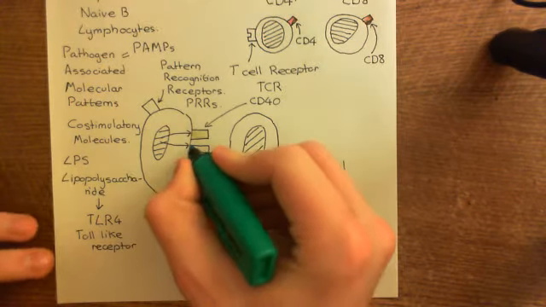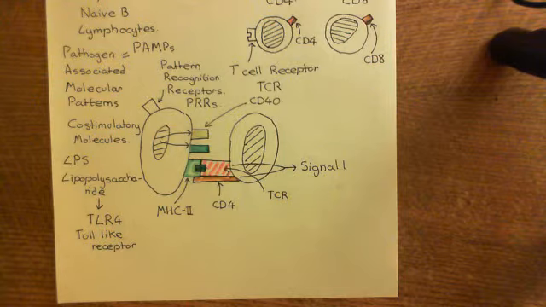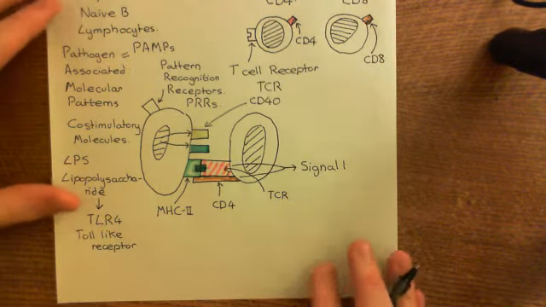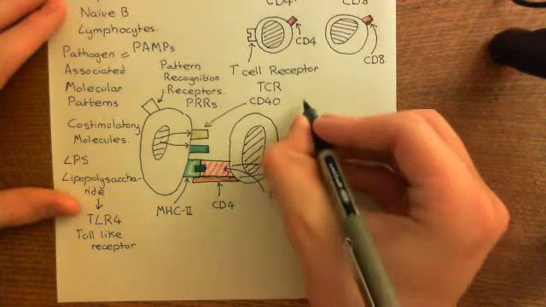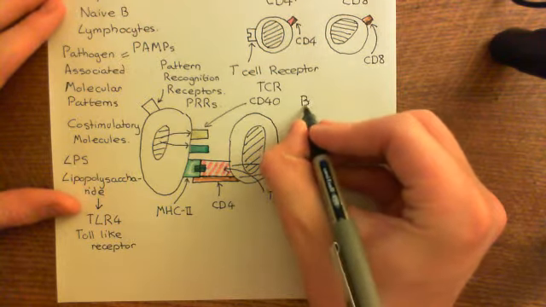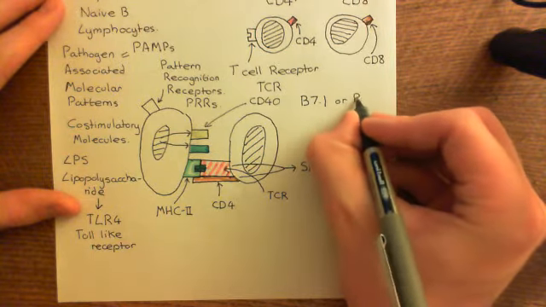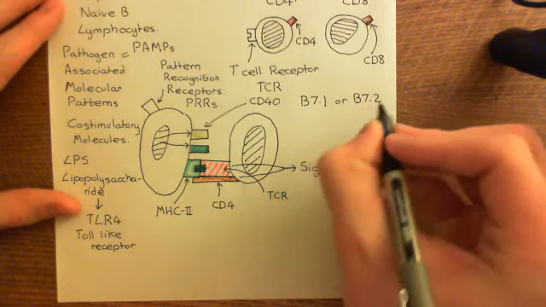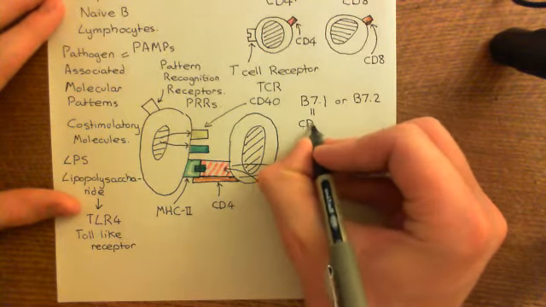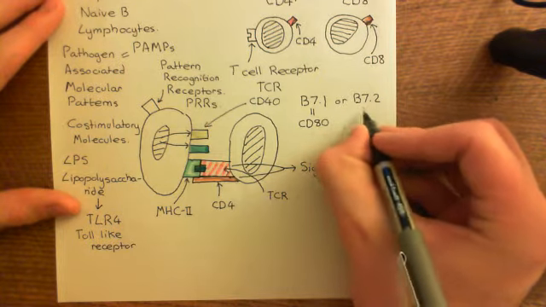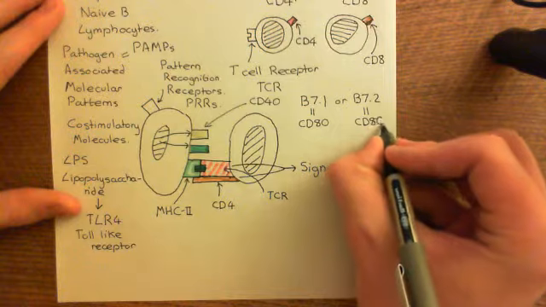And confusingly, both of these two molecules that you can put there, and which do the same thing, also have two names. So it looks as though there's four, but in fact there's only two. So it can either be B7.1, or you can put B7.2 there. Okay, and these two molecules both have different names. So B7.1 is also called CD80, and B7.2 is also called CD86.